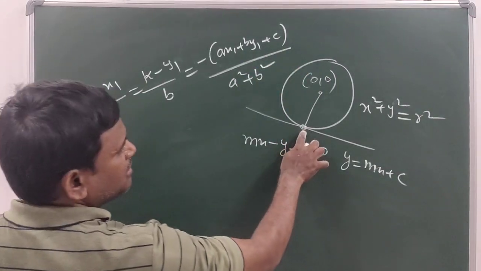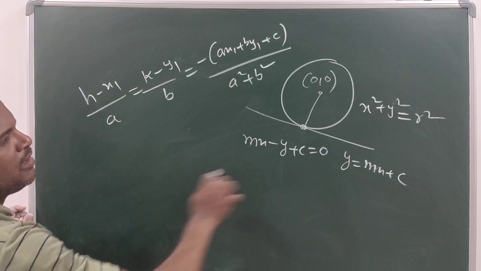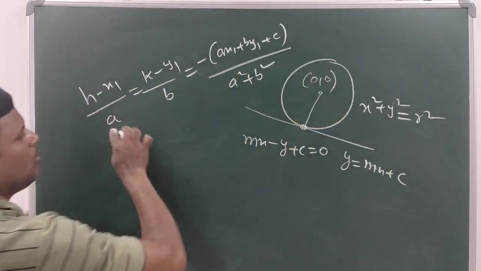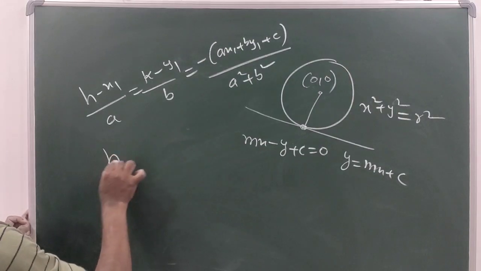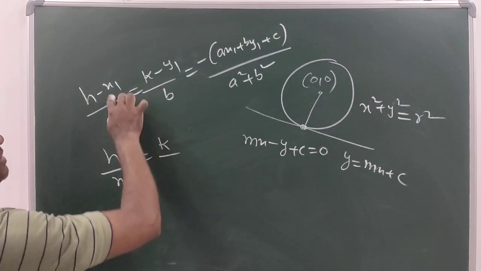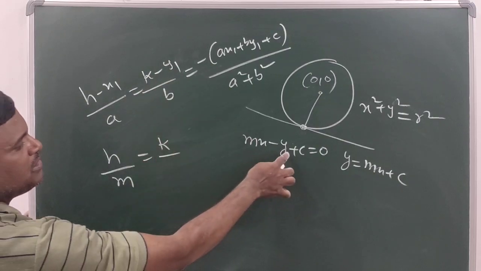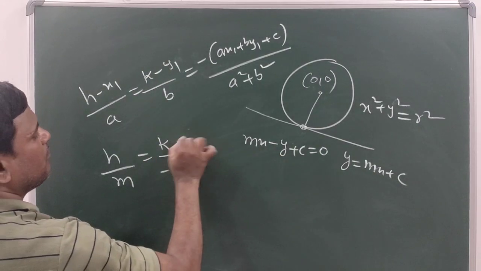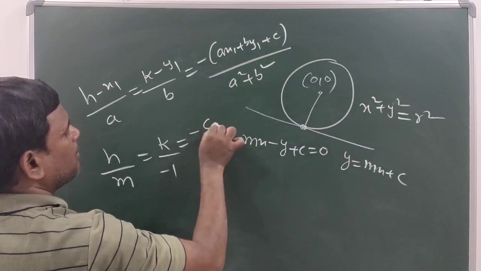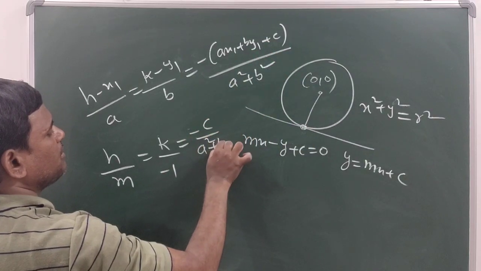Let the foot be h comma k. In the place of x1, y1 write 0, 0, a is the x coefficient m, b is the y coefficient minus 1, so the right side becomes minus c by a square plus b square.